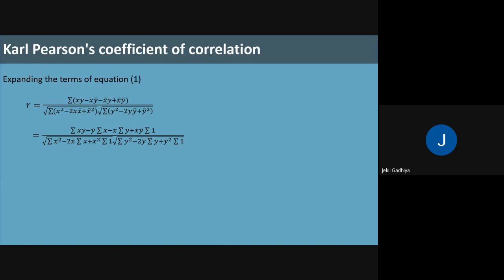Why do we take x bar and y bar outside the summation? Because it is the arithmetic mean, right?